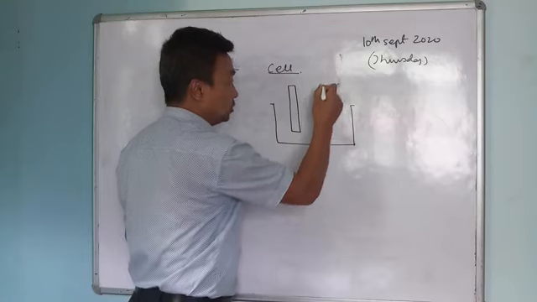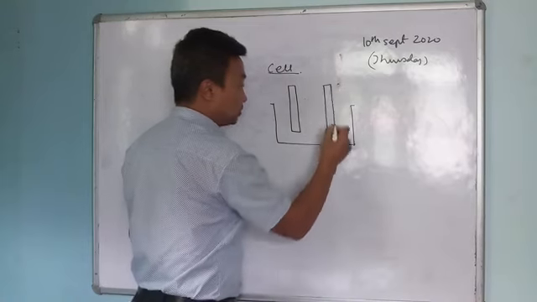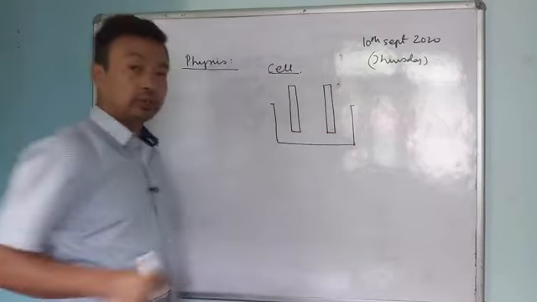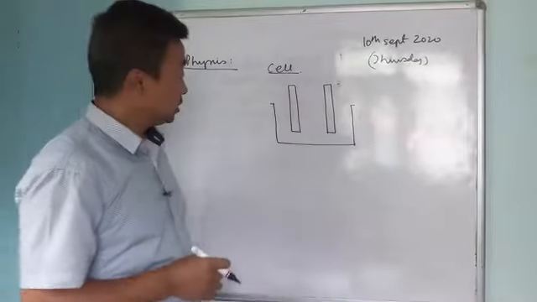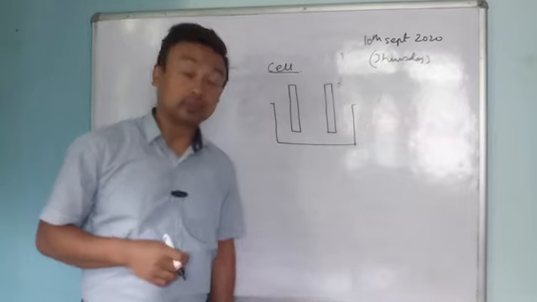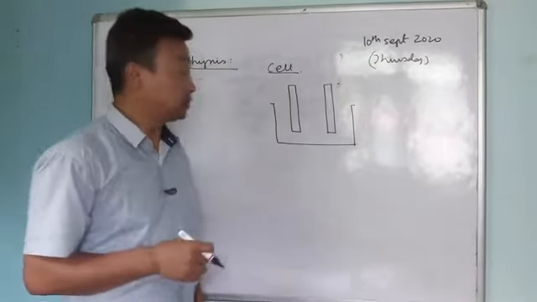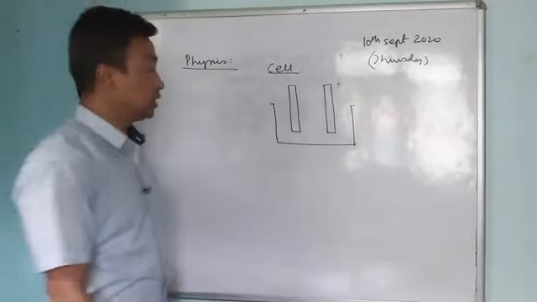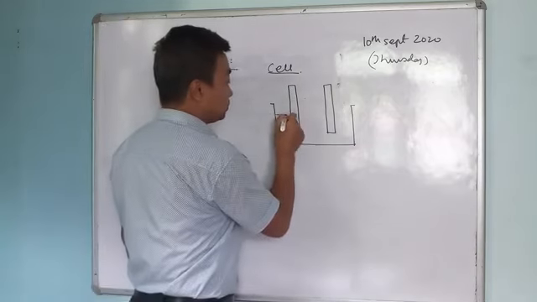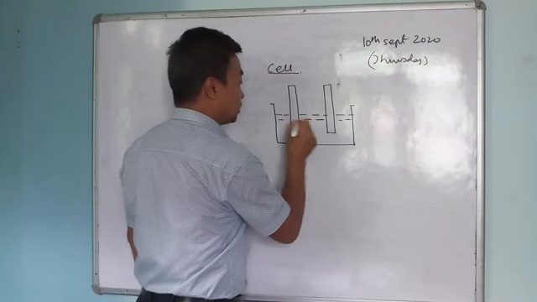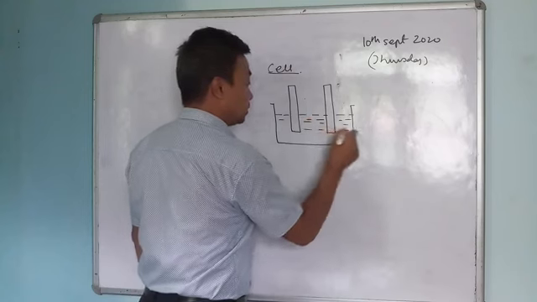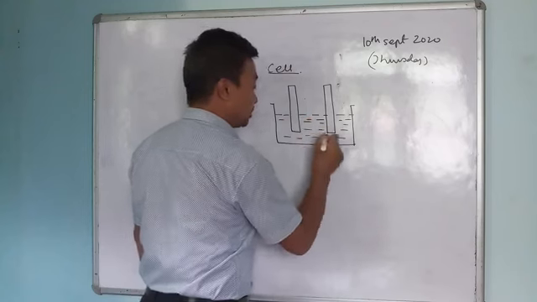I am telling you briefly what the cell is, because all three topics are related to this. These conductors are also termed as the terminals, or the electrodes. Now inside the vessel you put some liquid or chemical mixture, which we term the electrolyte.